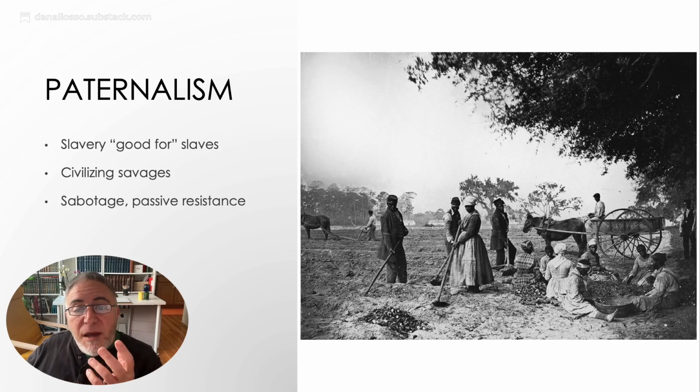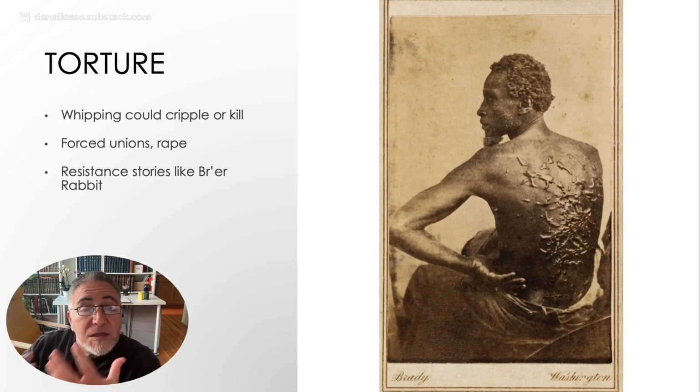But subversion and sabotage were, of course, dangerous. Some enslaved people, hoping to gain preferential treatment, told the slave owners about resistance, hoping, I suppose, to earn the slaveholders' gratitude and maybe more lenient treatment for themselves. Slave owners, of course, also used both physical and psychological violence to prevent people from disobeying.